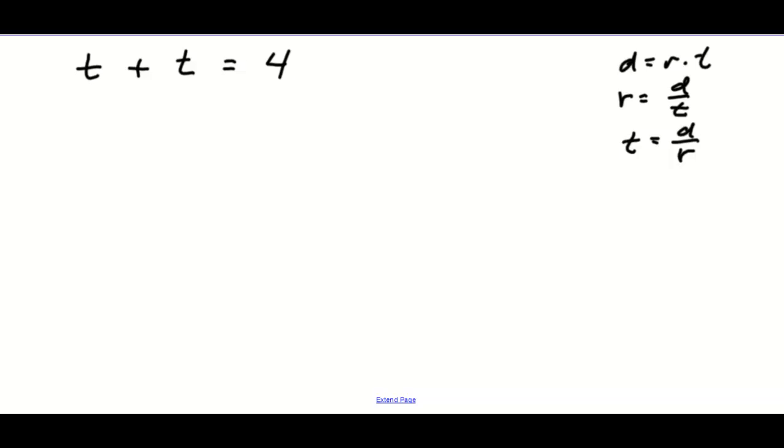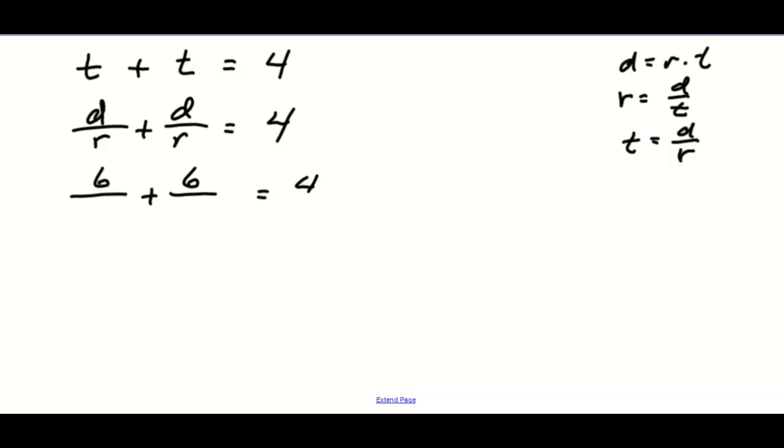But what I do know is time is equal to the distance over the rate plus that distance over the rate is equal to 4. Now what I'm able to do is plug in that distance because I know that the distance happens to be 6 miles up and then another 6 miles back. So 6 miles over the rate plus 6 miles over the rate equals 4.